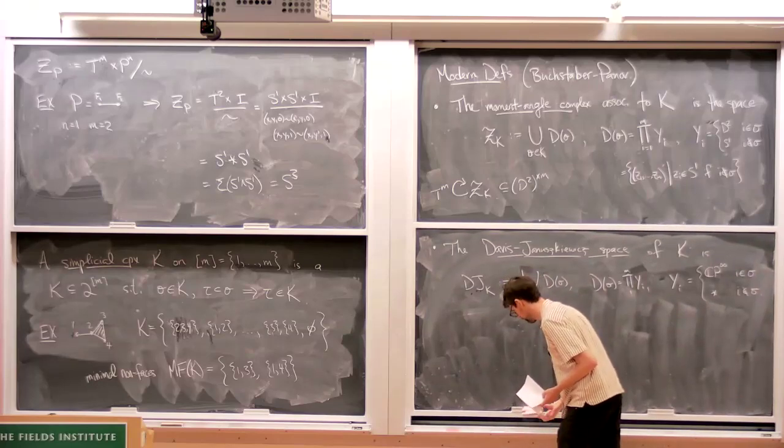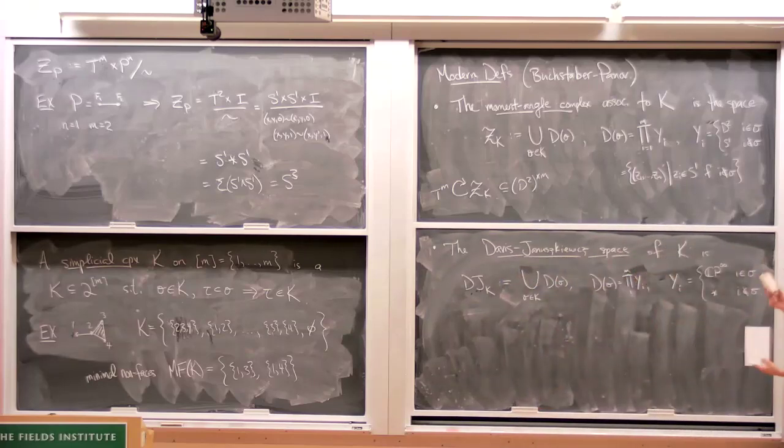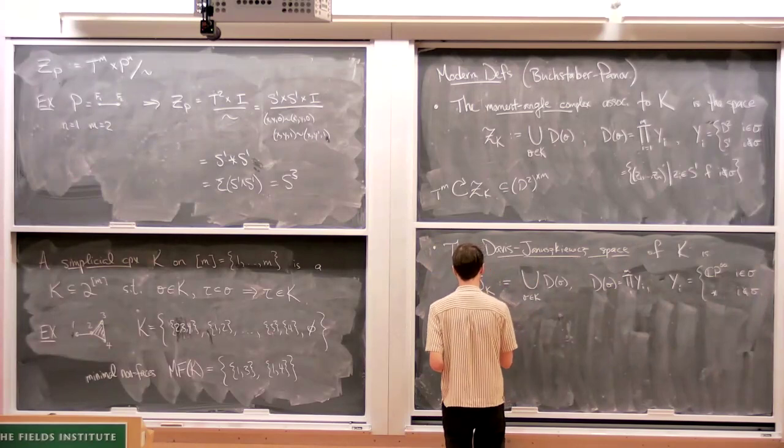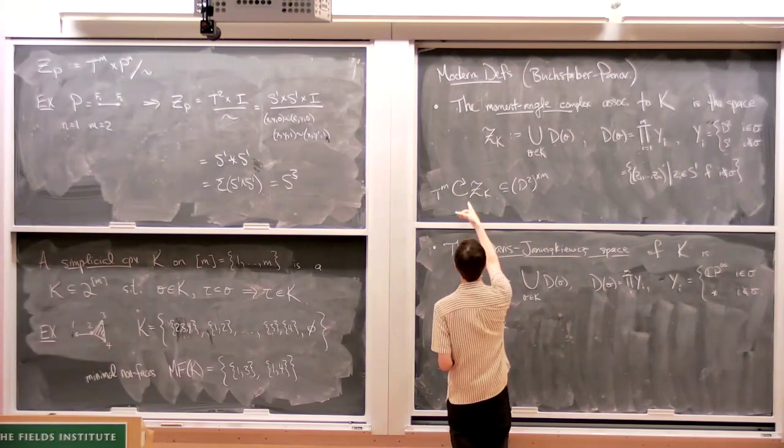You can probably imagine how you could generalize this by replacing a pair of spaces, D2 and its boundary, or CP infinity and its base point, by just any pair of spaces. And these two are related by this torus action.